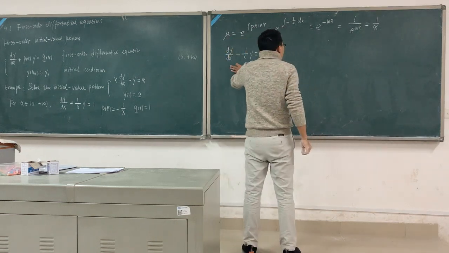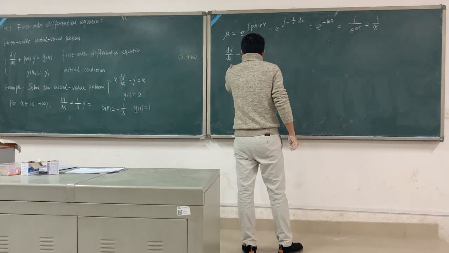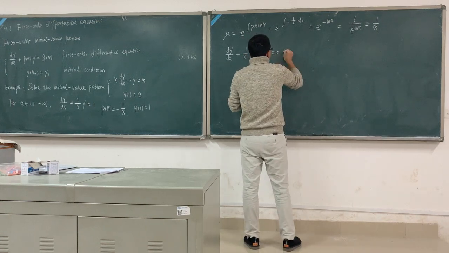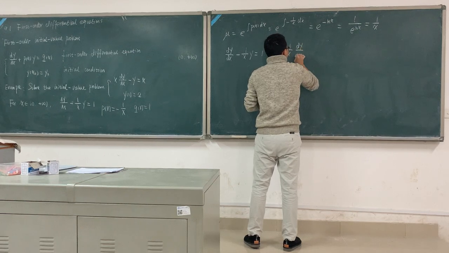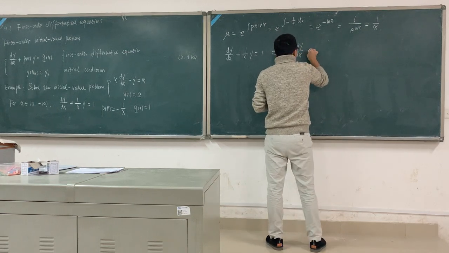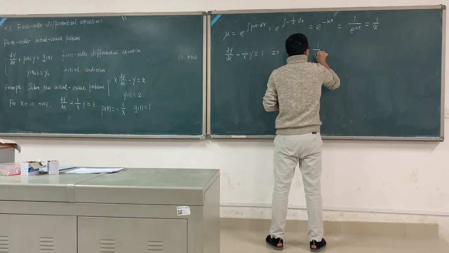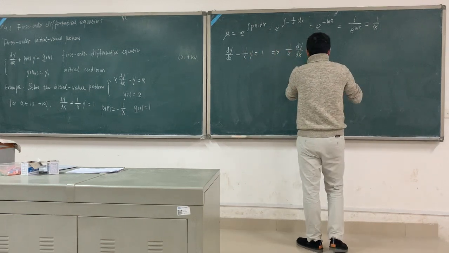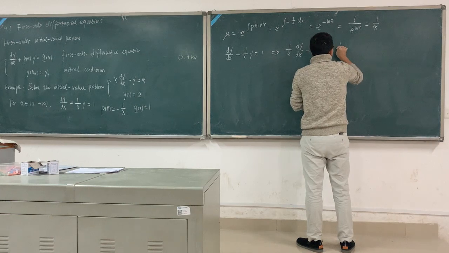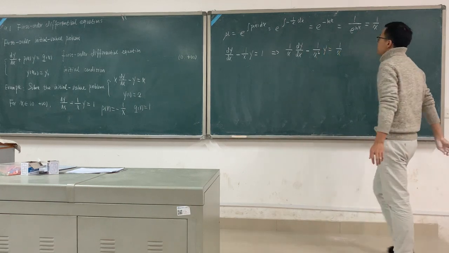So now we multiply by 1/x on both sides. So here is 1/x dy/dx minus 1/x times 1/x, so 1/x squared y, equals 1/x.